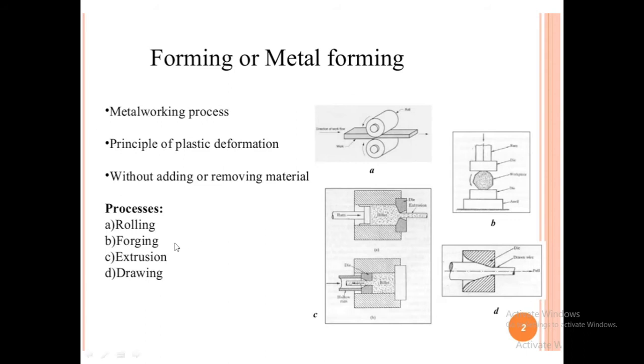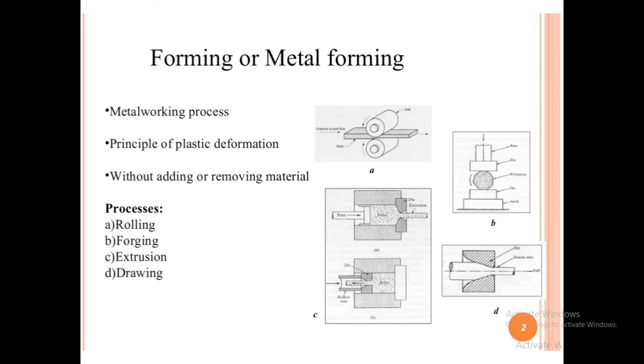Then another one is forging. Forging means there is a die and a punch. Here is the die, here is the punch, and this is the raw material. When we apply force on the workpiece through the punch, its size and shape change, and we design the die and punch in such a way that we get the desired output, our final product.